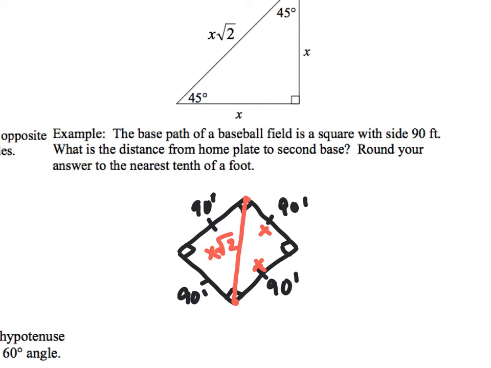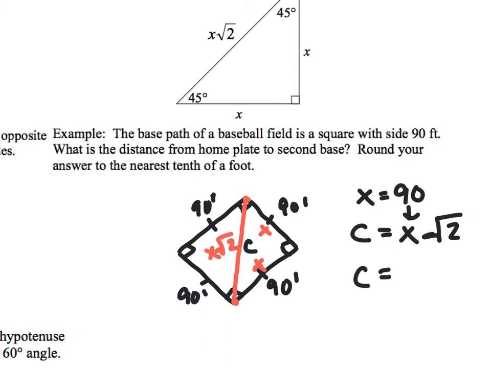And here's what I know. X is equal to 90, okay? So my hypotenuse, which we'll call C, is equal to that length x times the square root of 2. So if I just plug in 90 for x, I find that my hypotenuse is 90 times the square root of 2. Now if I wanted to figure out what that length was, I'd just plug it in the calculator.